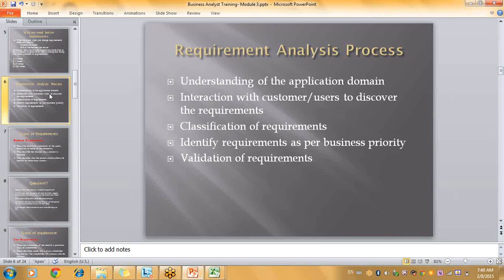When you have set up some time with them, it's not that you are taking their time. It is your job, and it is also their job to provide you information. They should give their time to you if they want a good solution to be developed.